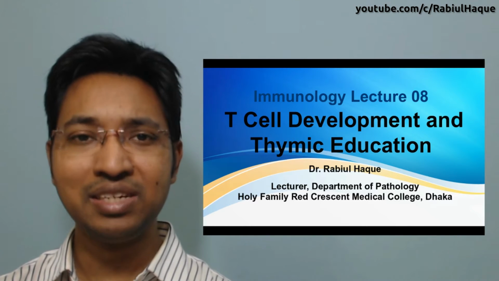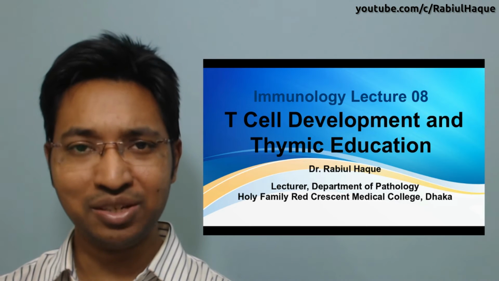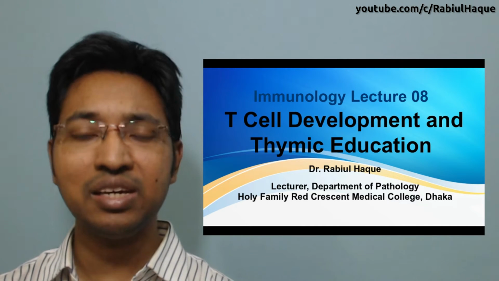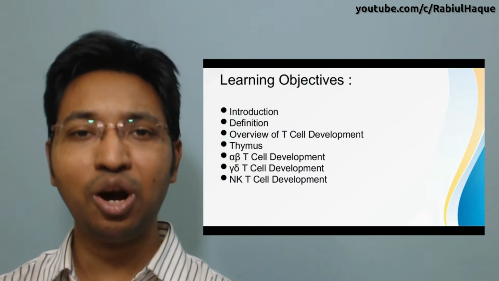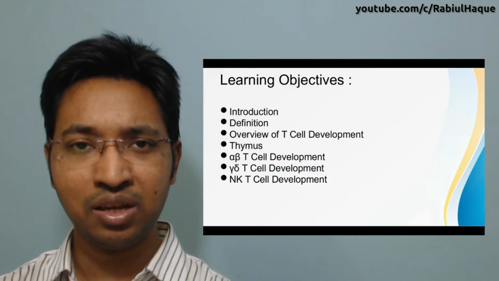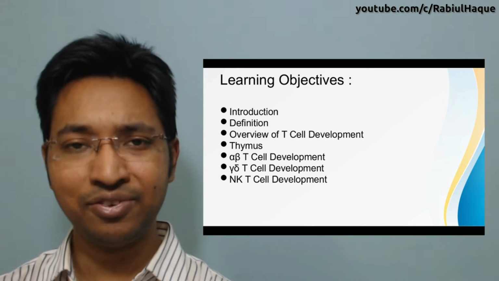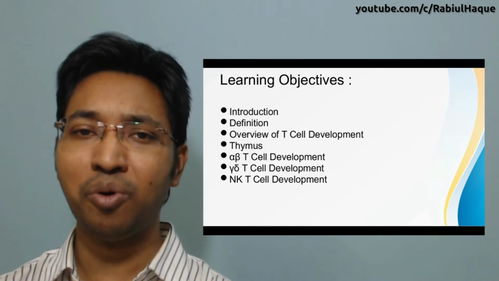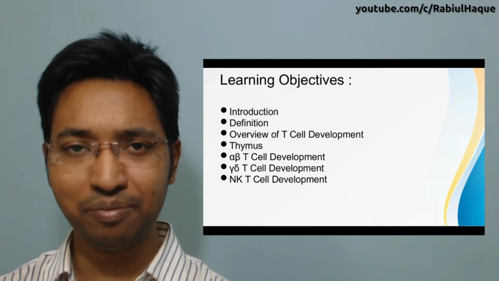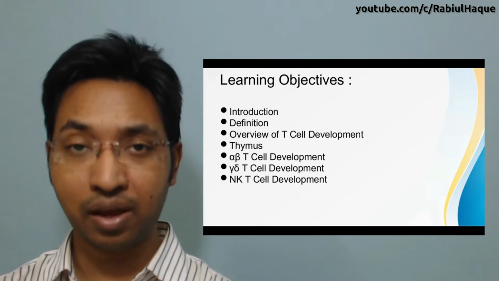Today's topic is T-cell development and thymic education of T lymphocytes. In this video, we will learn about the definition of lymphocyte development, followed by a brief discussion on the overview of lymphocyte development, and since the thymus plays an important role in T-cell development, we will also talk briefly about the thymus.